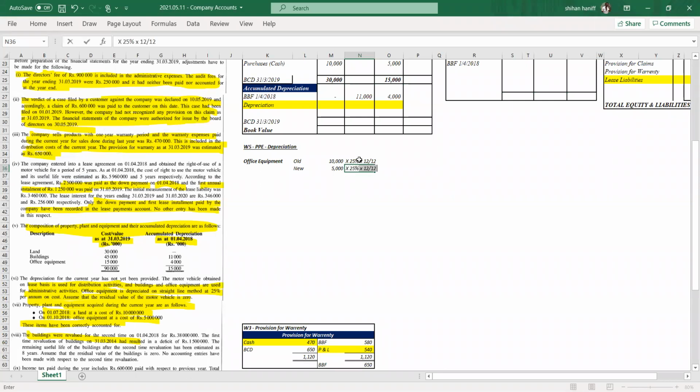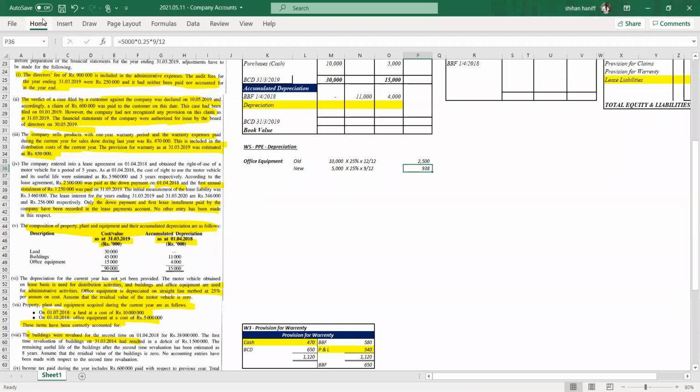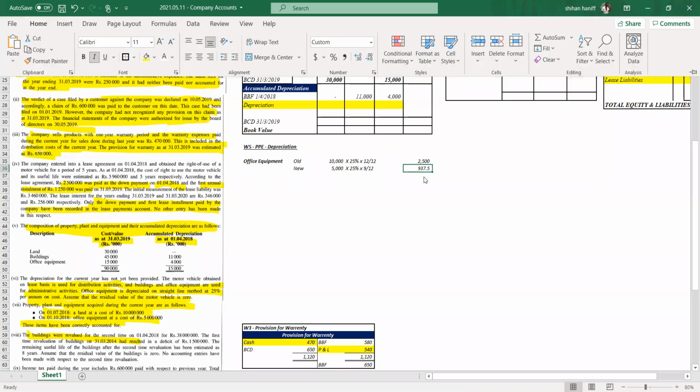And for how many months? 1st of July: July, August, September, October, November, December, January, February, March, 9 months. $10,000 at 25%. $937.5.